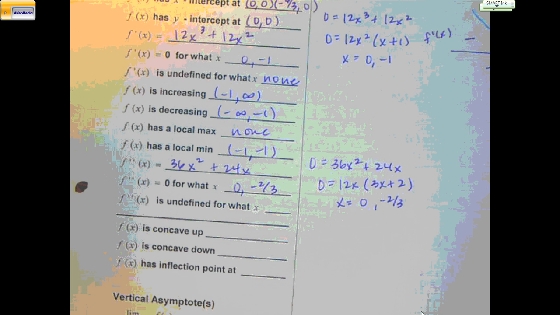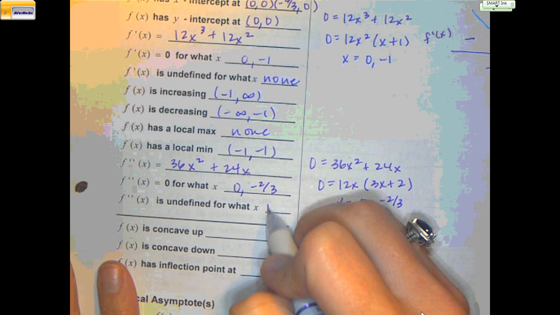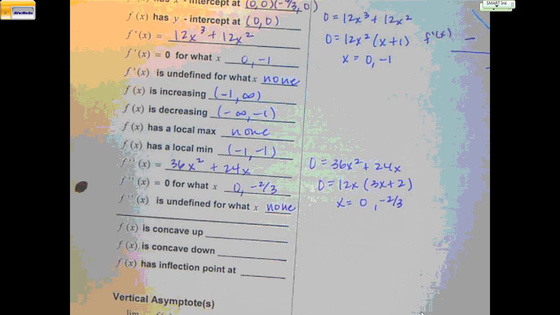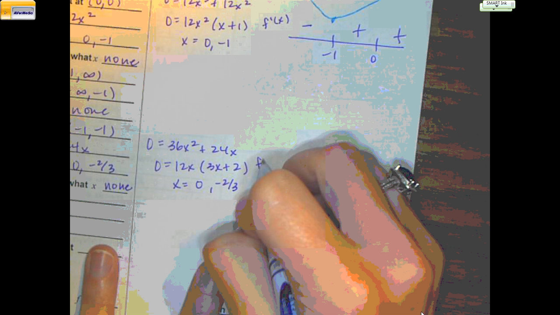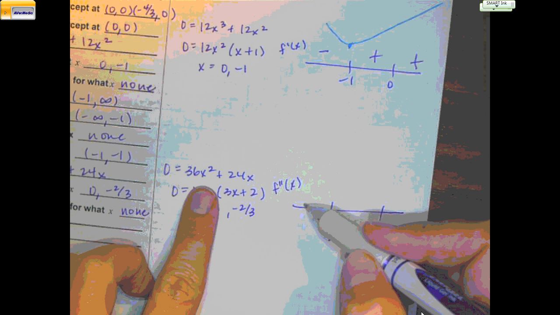Concave up and concave down. Second derivative, number line. And on that number line, I need a negative 2/3 and I need a 0. If I plug in like a negative 2, I'm going to wind up with a positive. If I plug in a positive 1, I'm going to wind up with a positive.